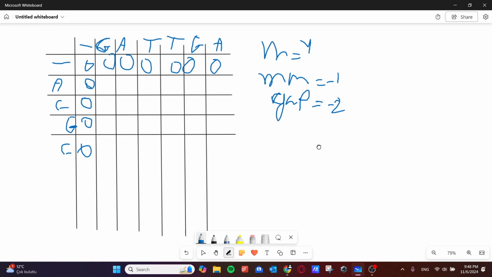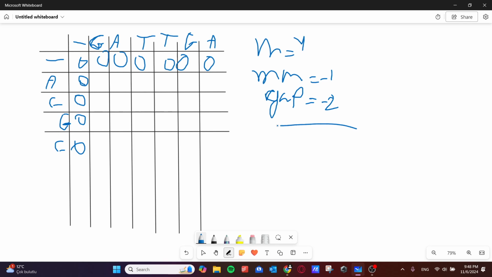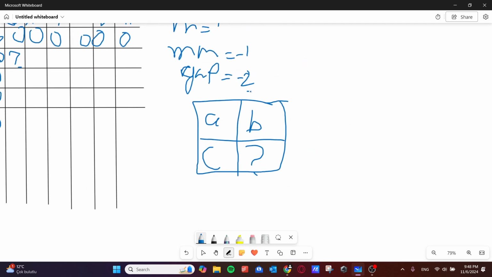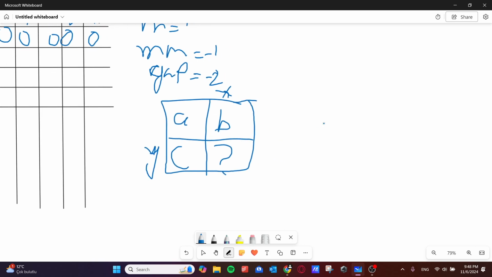So let's draw. Always draw it, so you can know the value of this question mark, or the empty square. We have here x, y.